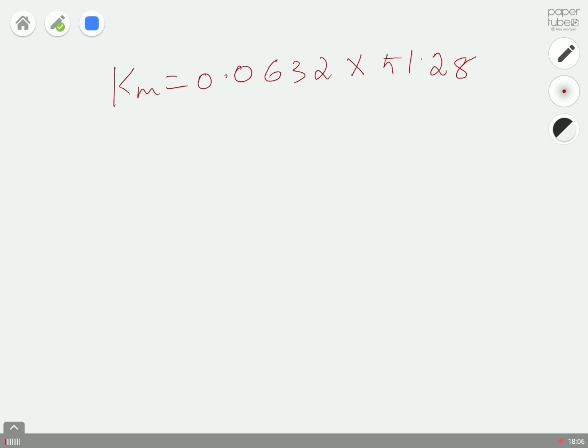Your substrate concentration is expressed in millimoles, so whatever value you get will be in millimoles. That is 33.24. So this is for your pure enzyme.